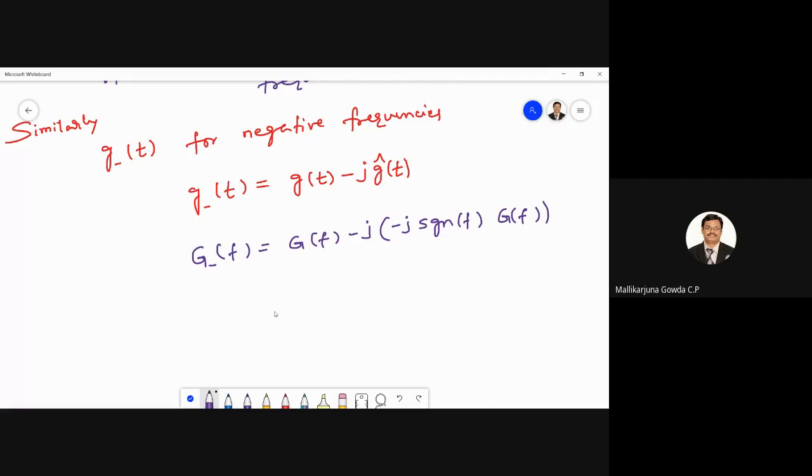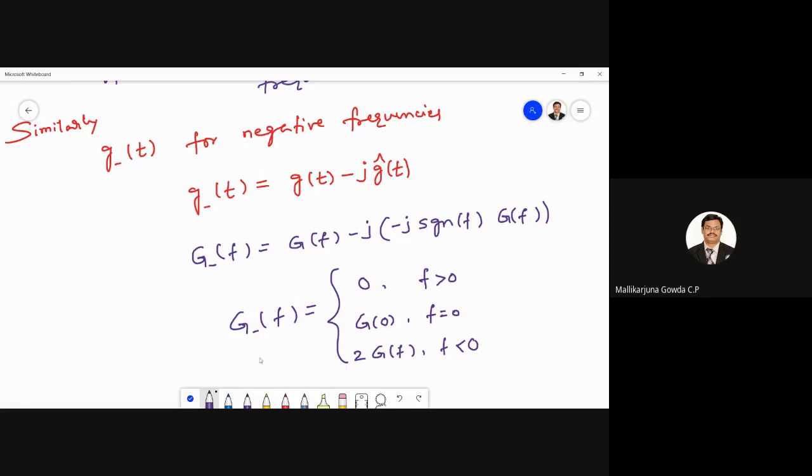So I can write g minus of f will be equal to 0 for f greater than 0. At f equal to 0, it will be g of 0. And it will be 2 times g of f for f less than 0.